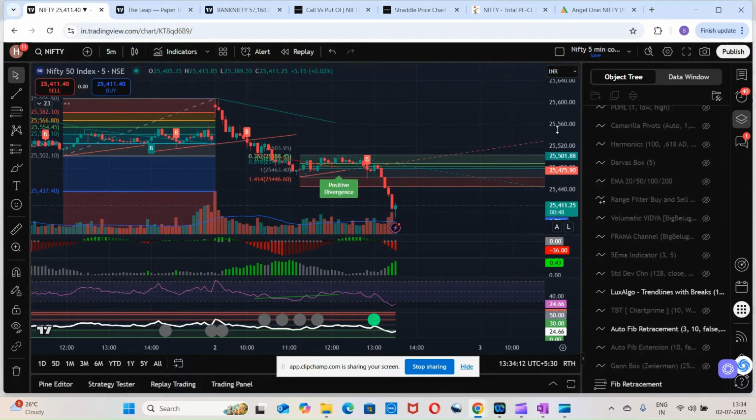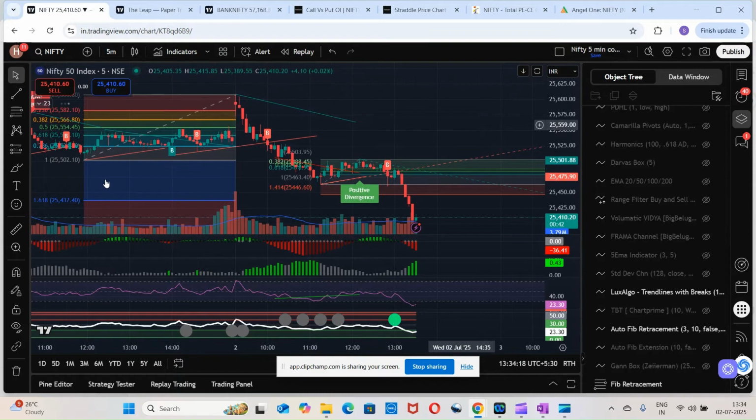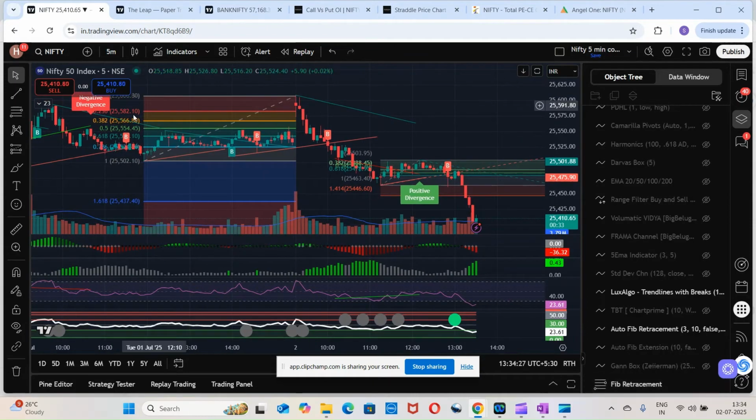If you see today's morning session, I drew the fib retracement from yesterday's low to today's high. Generally, people enter the trade when 0.382 is broken or 0.618 is broken.